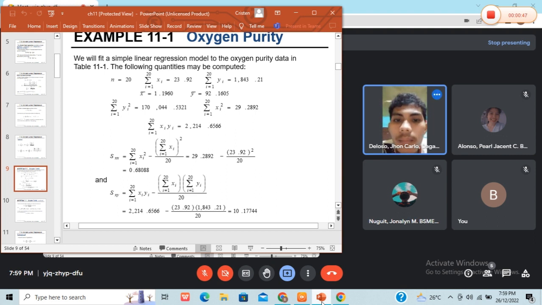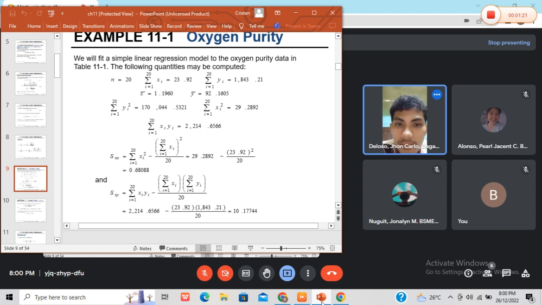So we have 29.2892, which is the value of our summation of x squared, minus 23.92 squared divided by n, where we have 20 samples. So we yield 0.68088.